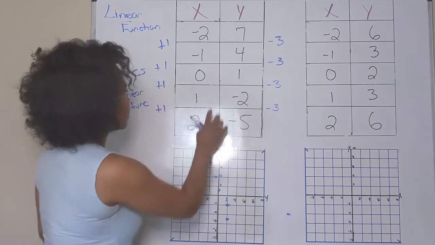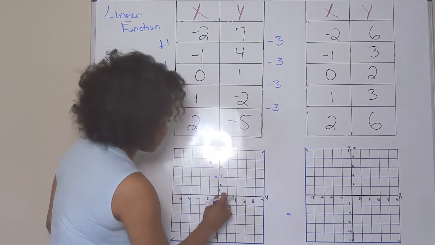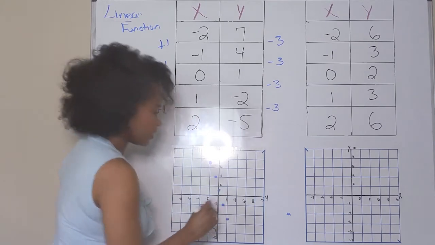I think I made a mistake. 1, -2 should be right here. There we go.